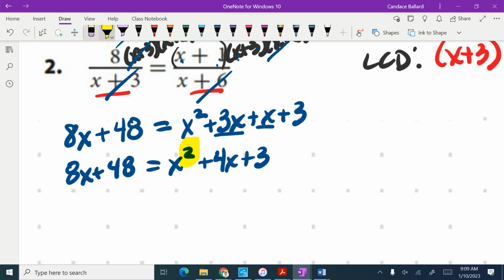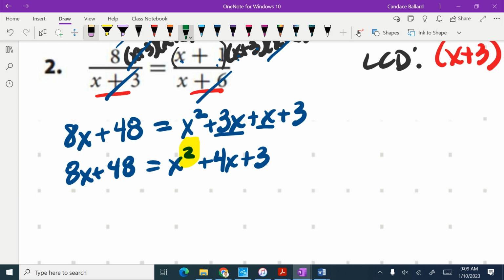The other thing, because we're going to work really smart on this and not hard, I want to make it so I do not have a leading coefficient if I can help it, right? Because if I have a leading coefficient, I not only have to do the magic x, I also have to do the box. I don't want to do the box if I can help it. If I were to take this and move it to the other side, wouldn't that put a minus sign in front of it? And all of a sudden, I've created a leading coefficient.